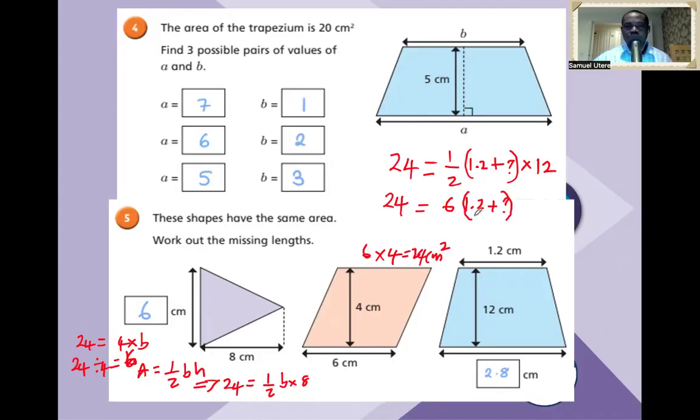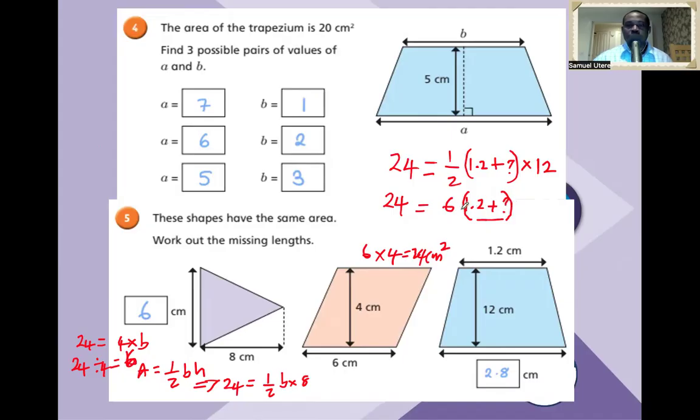We'll keep the bracket the way it is. Imagine this is a whole unit. We don't want to disturb it yet. So if we divide by 6, we'll be left with 1.2 plus something we don't know, right?